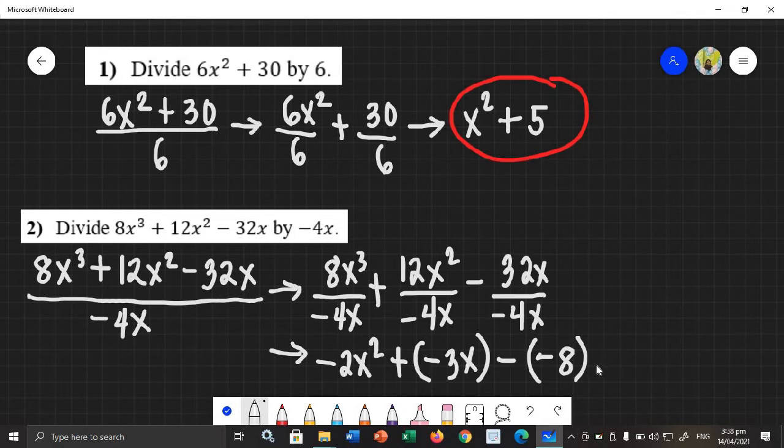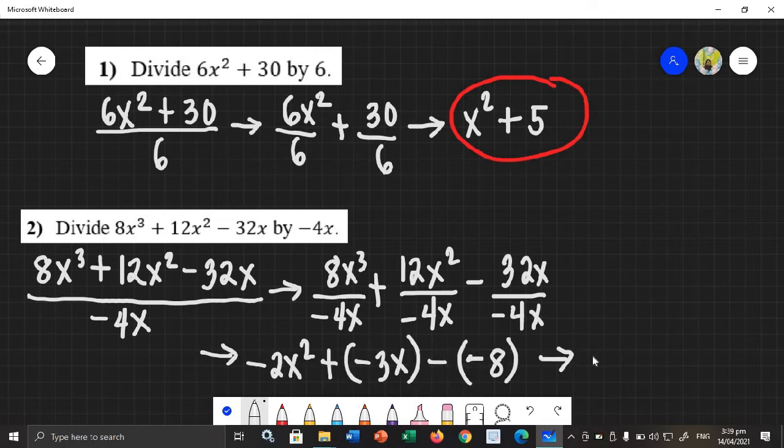And then, lastly, we need to get rid of the parentheses. To remove those parentheses, we need to multiply the signs. Okay? So we now have negative 2x raised to the second, and then we multiply the signs.